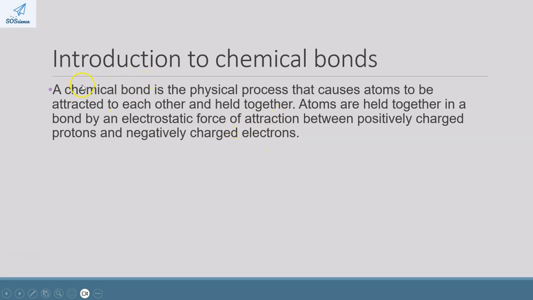So in a chemical bond, we have an electrostatic force of attraction that holds atoms together due to the forces of attraction between their nuclei and their electron clouds.